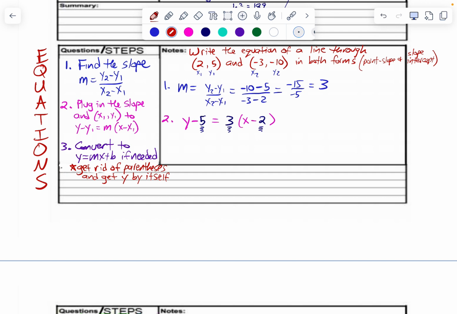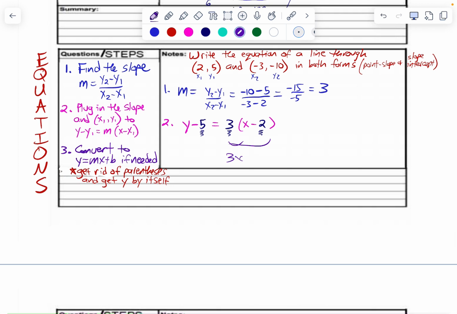Just distribute, yep. Okay, so it's going to look like 3x minus 6. Just multiply the 3 by both things. Now, how do we get y by itself? Add 5.